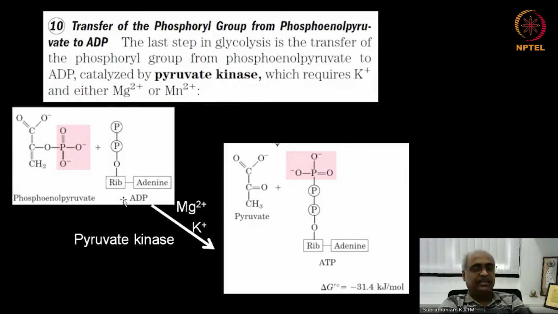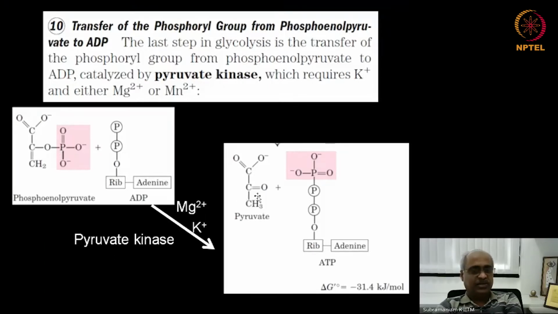So this is the net gain from glycolysis apart from the 2 NADH produced. In terms of ATP production, 2 ATP molecules are produced per glucose in glycolysis.